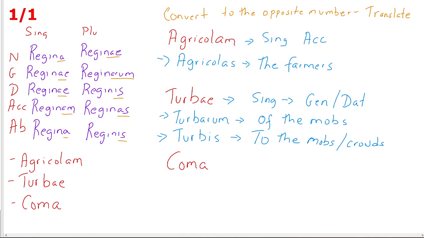Okay, 2 or also 4 is possible. Yeah, I mean obviously this will not matter. If you want, you could put just farmers or the farmers. Okay, because when you're translating, depending on the sentence, then it makes sense. But here you can either say the farmers or just farmers.